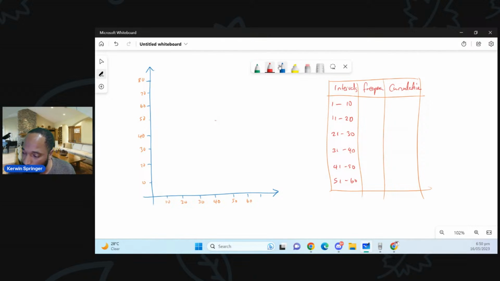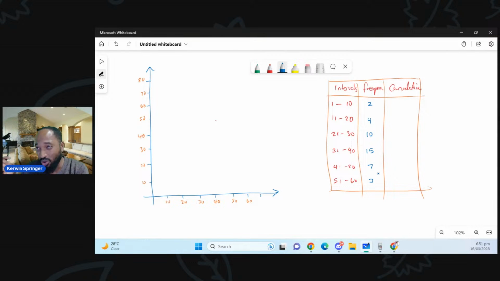Then they'll give you the frequency, and it might run something like this: 2, 4, 10, 15, 7, 3. This is how a cumulative frequency question usually starts off.